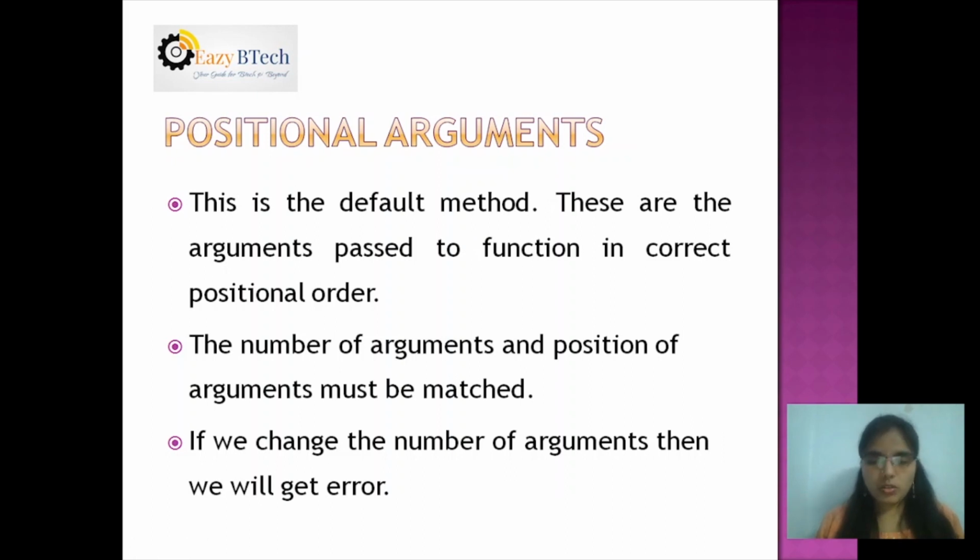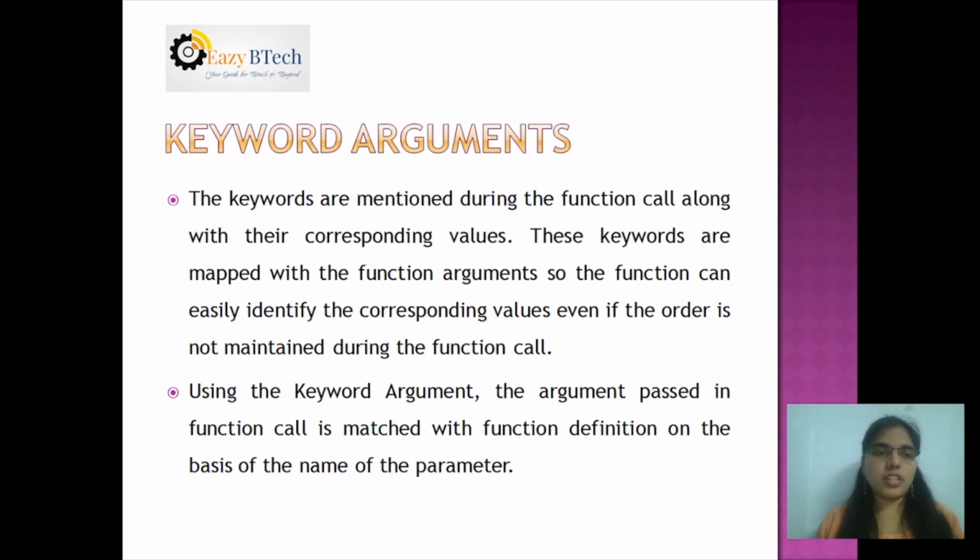Then coming to the keyword arguments. In keyword arguments, keywords are mentioned during the function call along with their corresponding values. These keywords are mapped with function arguments, so that the function can easily identify the corresponding values even if the order is not followed during the function call. Using keyword arguments, the argument passed in the function call is matched with the function definition on the basis of the name of the parameter.